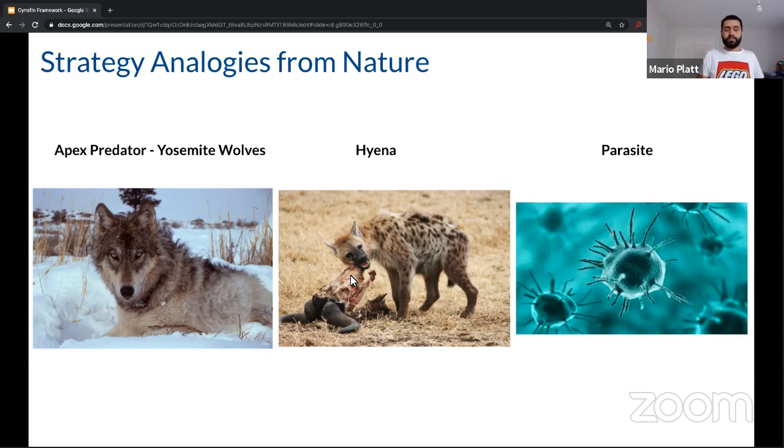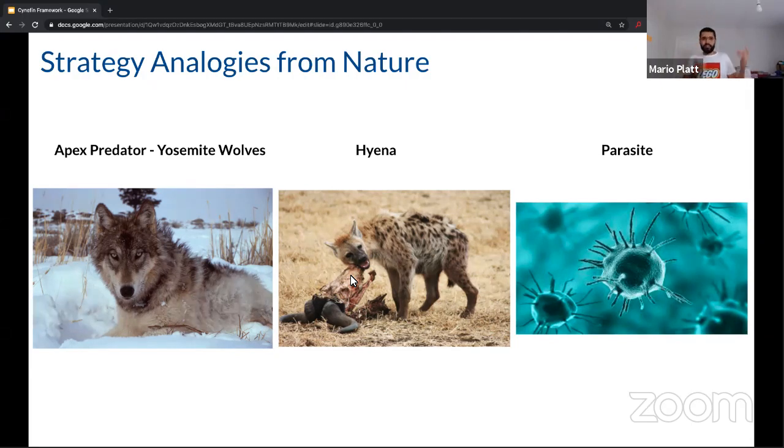And what happened was ecological collapse of Yosemite Park, because the wolves stopped being near the shores of the rivers. It meant that all the deer and all the other animals started going to the shores. They started procreating more. They grazed the whole soil. The soil became problematic. And the whole ecosystem kind of collapsed within a few decades.